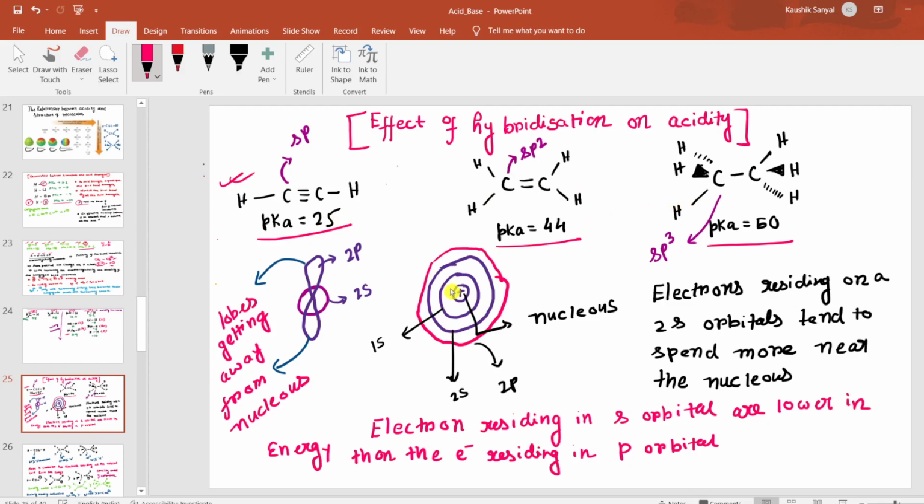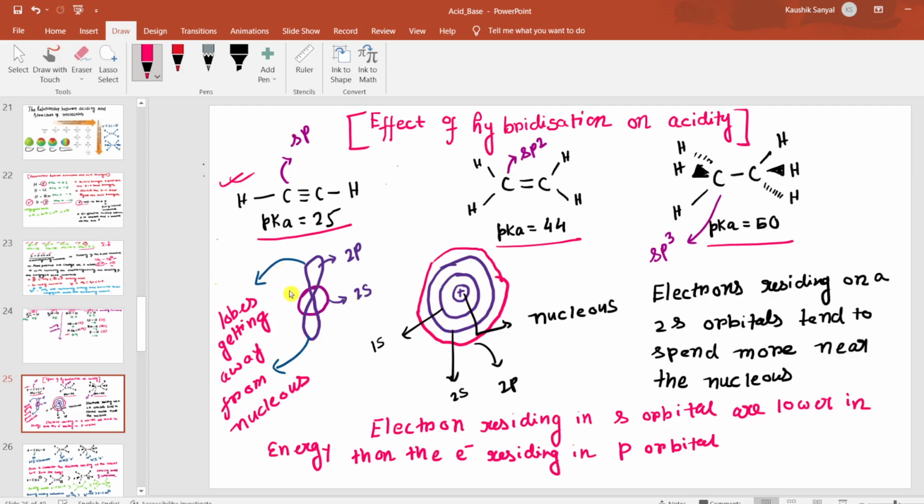To understand this, let's try to understand the stability of the electron. For any atom, we know that at the center of the atom there is a nucleus which is positively charged, and initially there is an s orbital, and after that there is a p orbital.